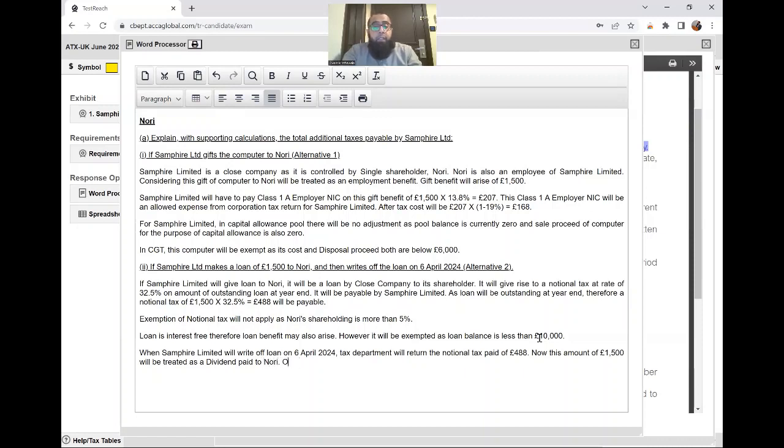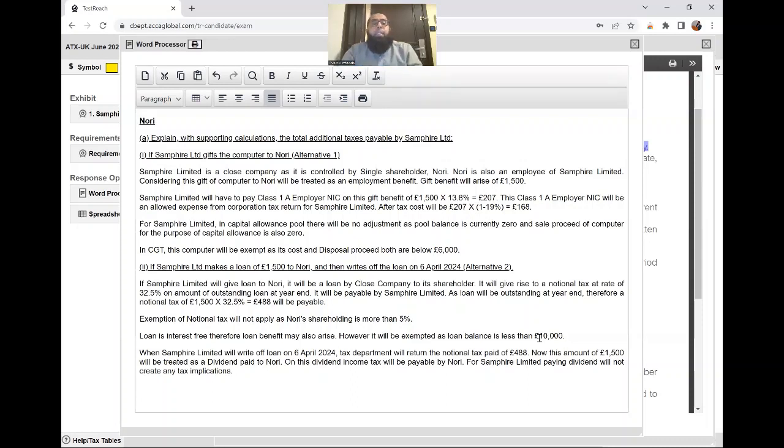On this dividend, income tax will be payable by Nuri. For Sapphire Limited, paying a dividend will not create any tax implications. Tell me, is it difficult? I think that there was nothing difficult in it. These were the cash marks. Believe me, these are cash marks.